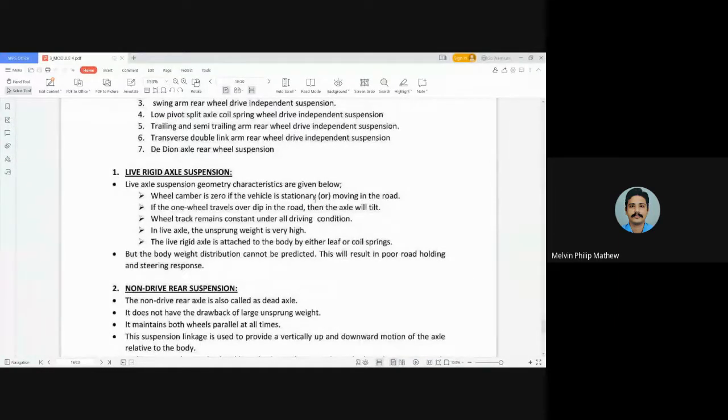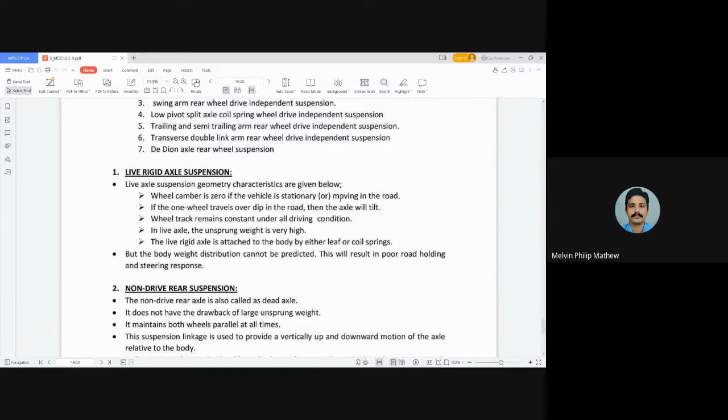From the differential, the power is transmitted, and the differential has half shafts. There are two pinion gears, and from one pinion gear a shaft is mounted to one of the rear wheels, and from the other pinion gear another shaft is mounted to the other wheel. Due to that, when one wheel travels over a dip in the road, the axle will tilt due to this half axle that is provided inside.